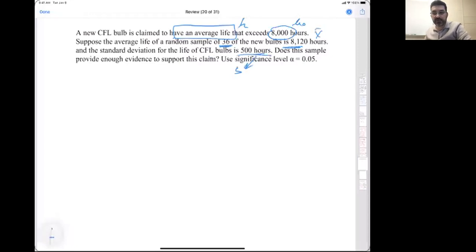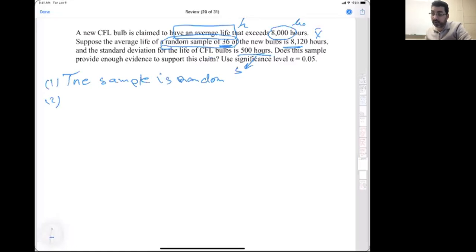Here, first we have to check the assumptions. The first one is that the sample is random. Do we have a random sample? Yes, it says a random sample of 36. So the sample is random. The second one is normality: is the sampling distribution normal?